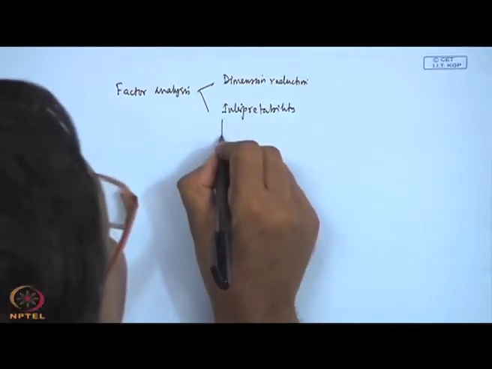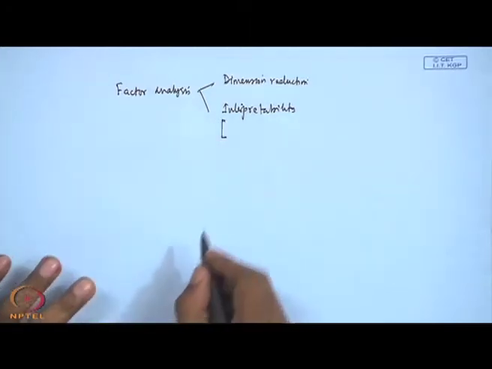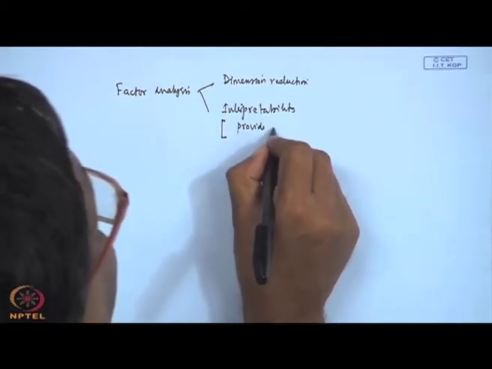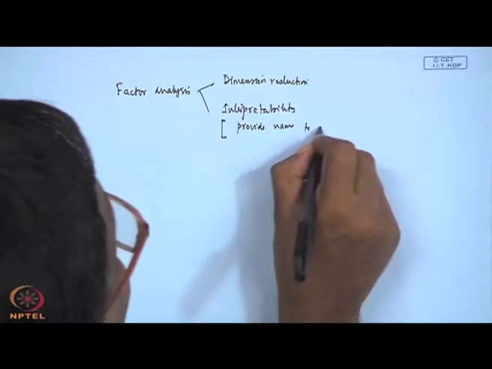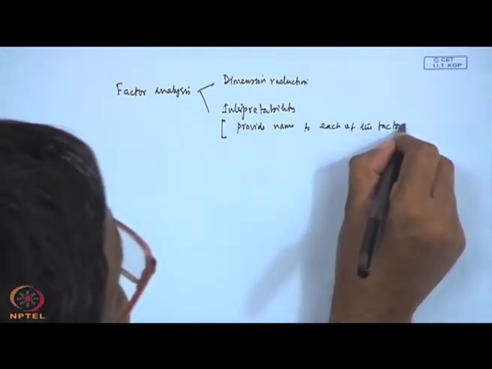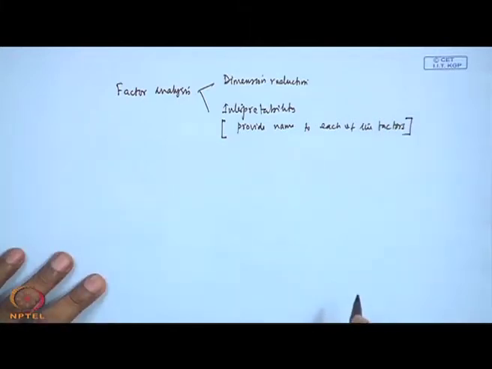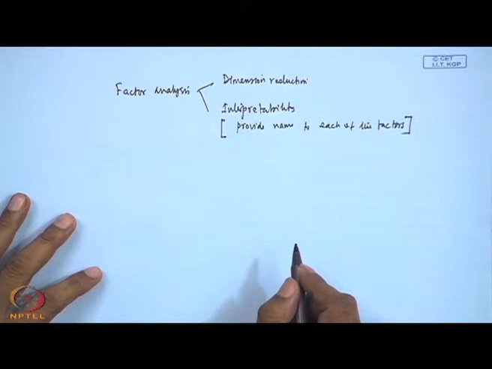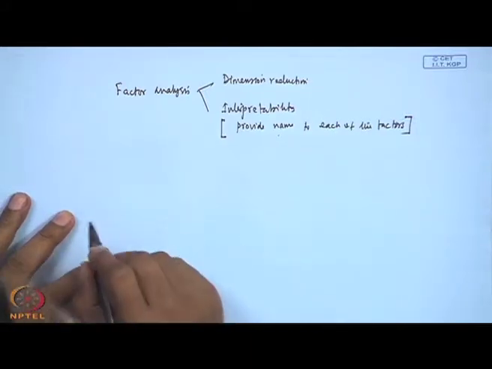By interpretability we mean that we will be able to provide a name to each of the factors. Correct. So, how do you provide a name?